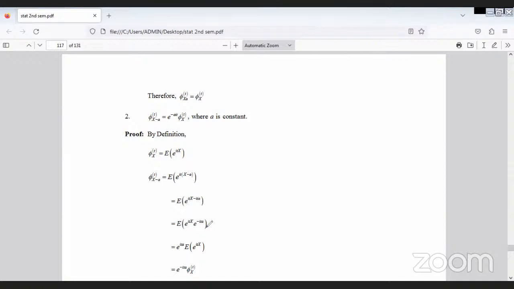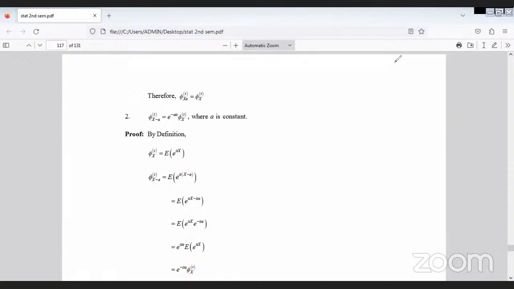Taking e^(-ita) common, it is e^(-ita) times E(e^(itX)). Where did the minus go? It is not gone, it was a printing mistake: e^(-ita). So phi_(X-a)(t) is e^(-ita) phi_X(t).